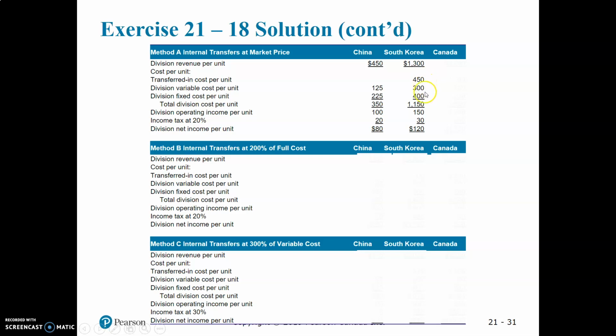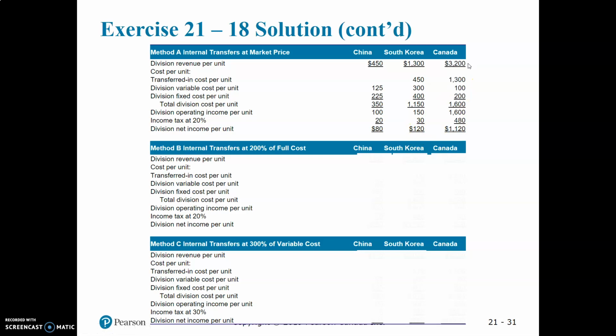So when you add these 3 numbers up, you arrive at a total cost of $1,150 and an operating income of $150, which is $1,300 minus $1,150. With an income tax of 20%, so 20% of 150, which is $30. Hence, your net income per unit for South Korea is $120 per unit.